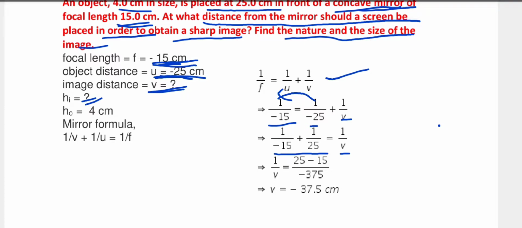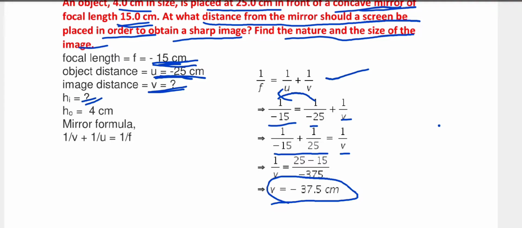So 1 by v is equal to, cross multiplying, 25 minus 15 divided by 25 into 15, that is 375. So v will be equal to 375 divided by 25 minus 15, so it is 10. So v will be equal to minus 37.5. So according to our guess, we got the correct answer.